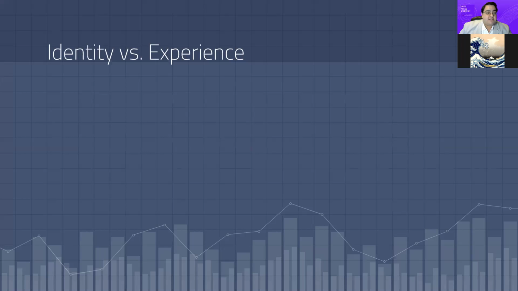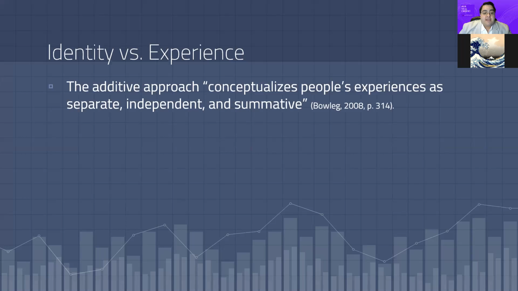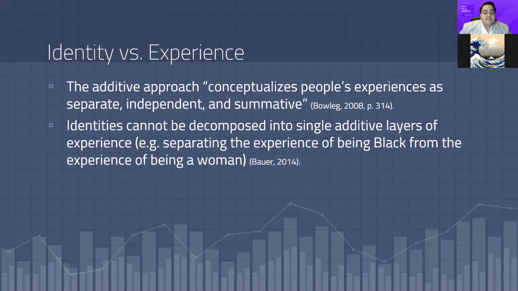The next tension I want to talk about is identity versus experience. The additive approach typically conceptualizes people's experiences as separate or independent and summative, as I mentioned in the additive module I was talking about. But identities cannot be decomposed into single additive layers of experience. So for example, a Black woman might not be able to separate the experience of being Black from the experience of being a woman.